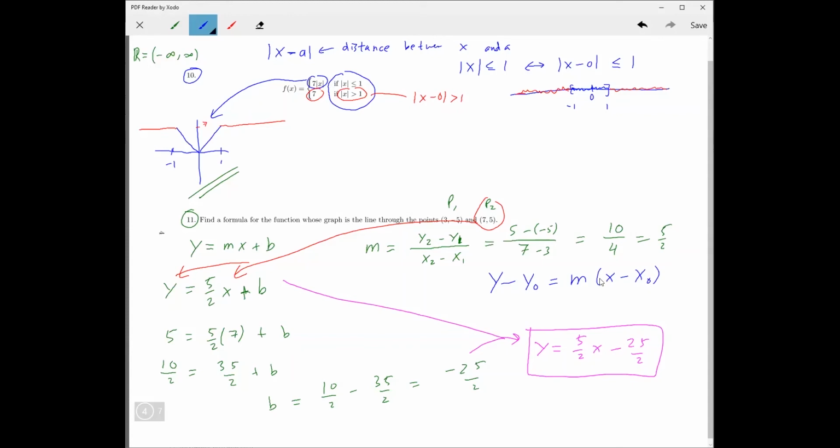After you get this slope and plug that in there, you could just take one of these points and then plug a 5 in here and the 7 in there, and then have a 5 halves there. That's another route that you could go. If you have this formula memorized, then that might be a good route. It might get the answer quicker.